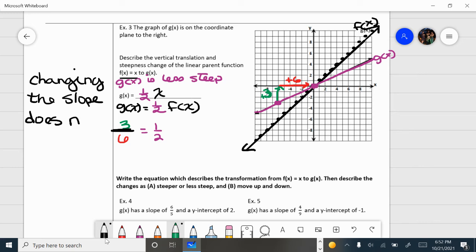So each of these are changes that are independent of each other. Making it steeper or less steep does not affect whether it moves up or down. And vice versa. Moving it up or down does not affect making it steeper or less steep.